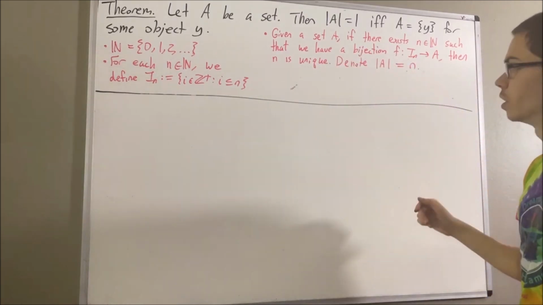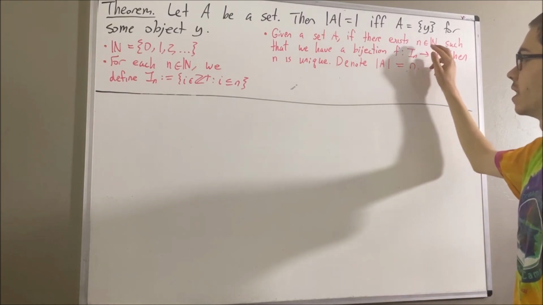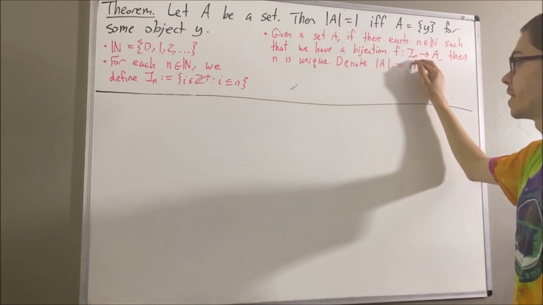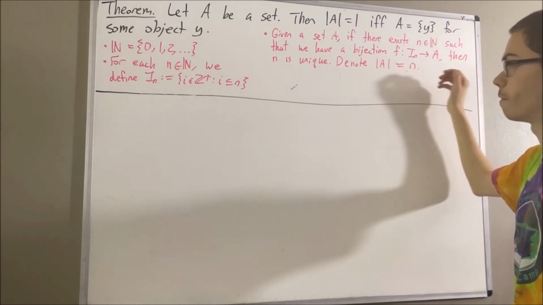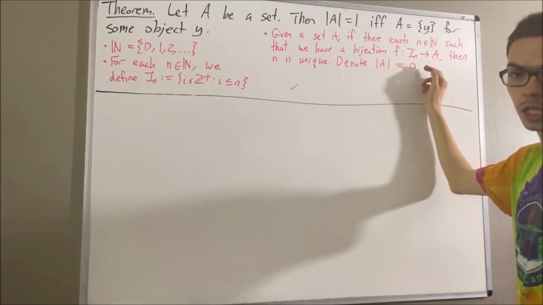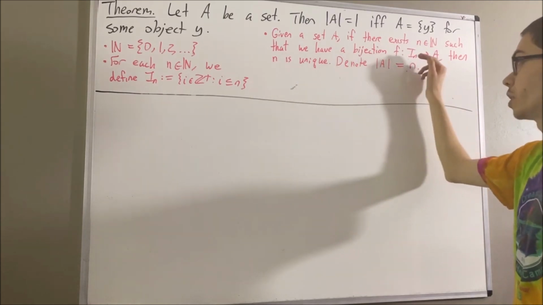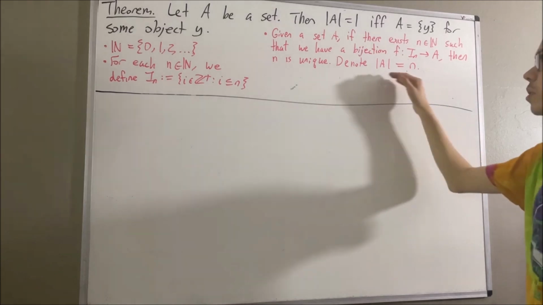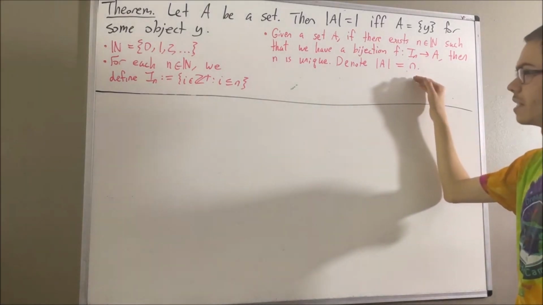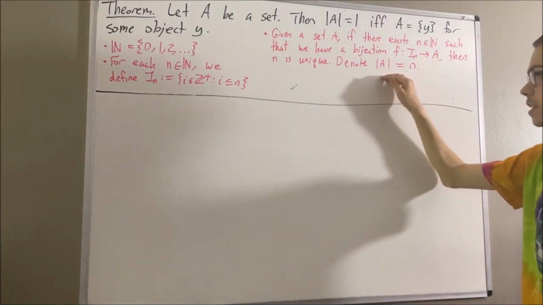So for example, if we have found a bijection from I_6 to A, then we cannot have a bijection from I_5 to A, because 6 is the only natural number which can satisfy this condition. Right? And we denote this natural number n as the number of elements in A, symbolically like this.